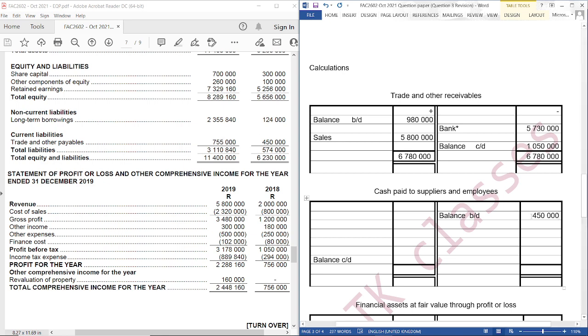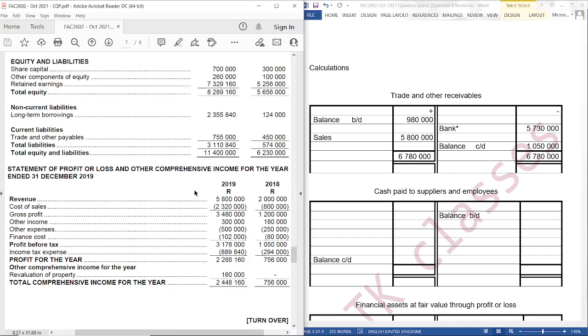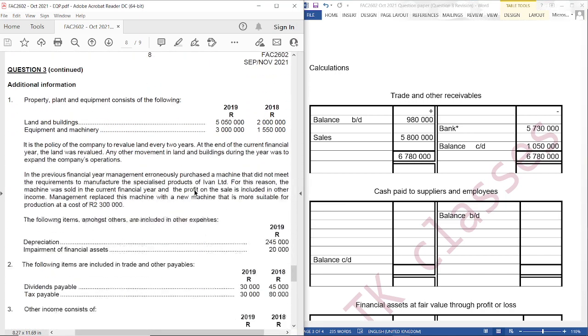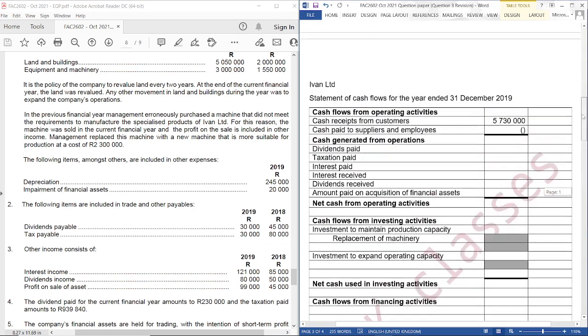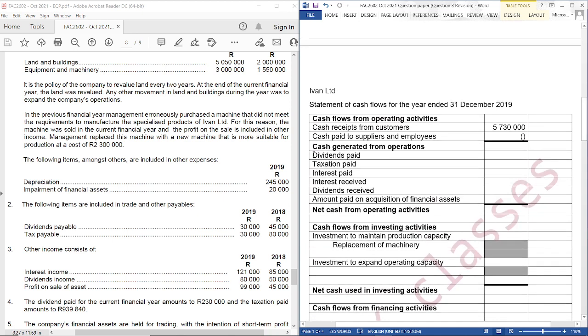But before we do that, there is an adjustment here that we need to look at. The following items are included in trade and other payables. What are those items? Dividends payable and tax payable. Let me scroll back. You can see dividends paid here and taxation paid here.